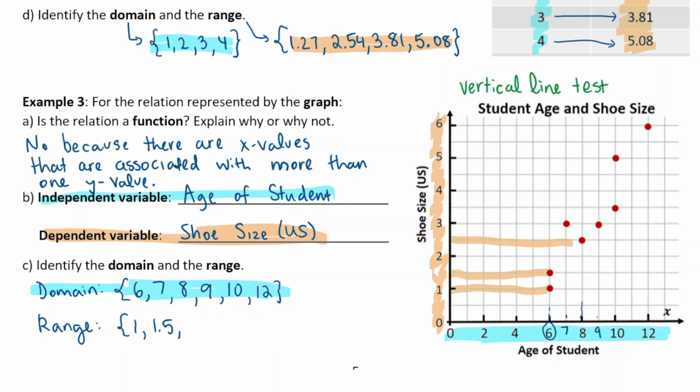And then I have a shoe size of 2.5, halfway between 2 and 3. And I'll just list the rest here: 3, 4, and then 5, and finally 6. Those are all the shoe sizes that are represented on the graph. So that's how we write the domain and range. Okay, and that's the end of the lesson.